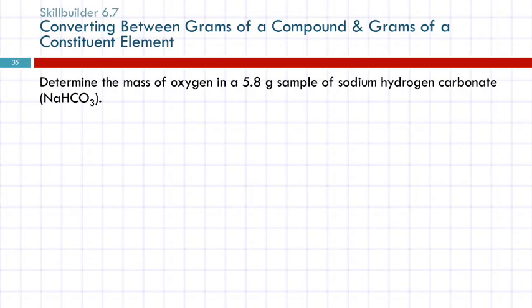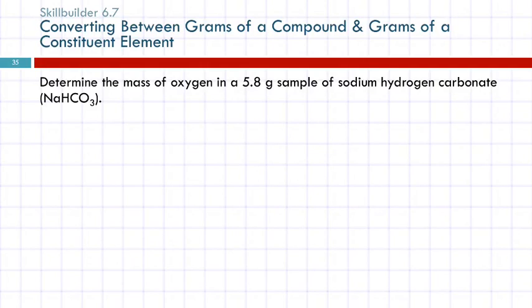So determine the mass of oxygen in a 5.8 gram sample of sodium hydrogen carbonate. And there's the formula. So this is going from grams of compound to grams of element. The previous example was grams of element to grams of compound.